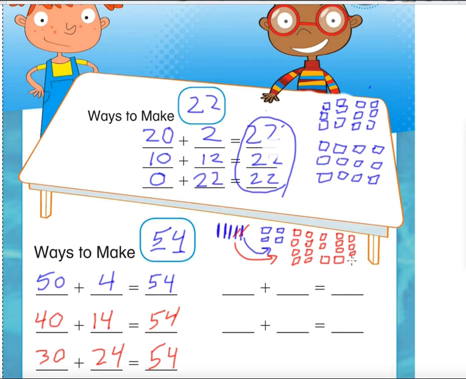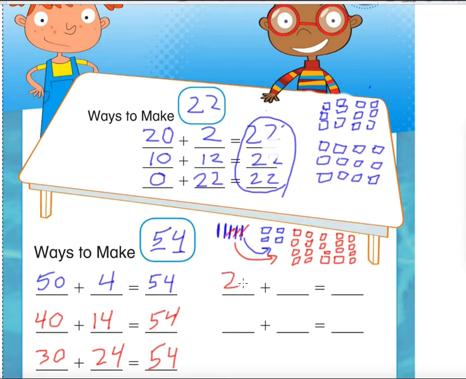I'll squeeze one right there. 10. Now if we take another 10 away, cross it out right there, how many 10s do we have left? 10, 20. So we can write 20.